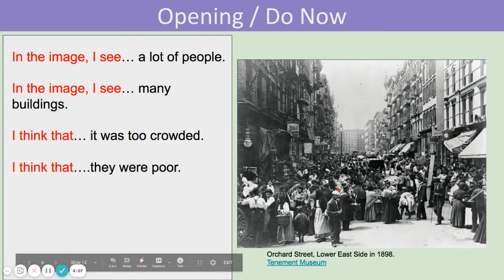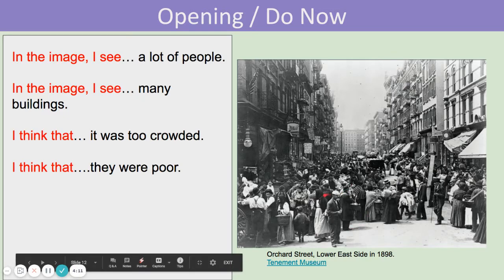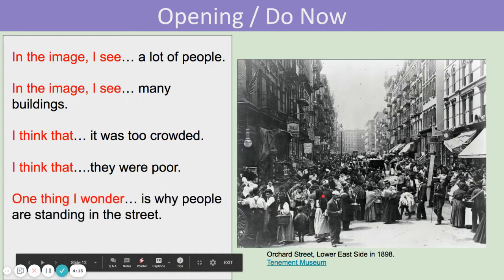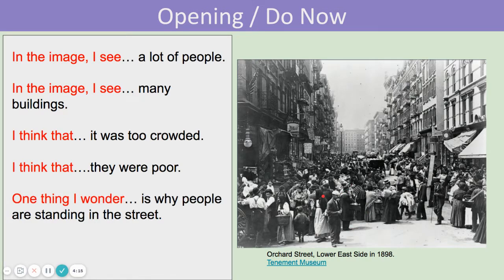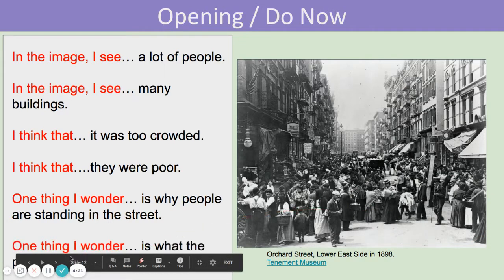You might say, I think that they were poor. You might say, one thing I wonder is why people are standing in the street. You might say, one thing I wonder is what the people are doing.